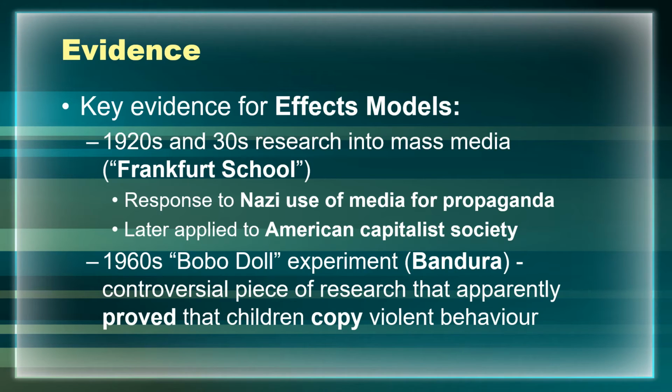So the initial research was into Nazi propaganda, and then it was applied to America in the 1940s, 1950s, I think, to understand why Americans were so influenced by their mass media.